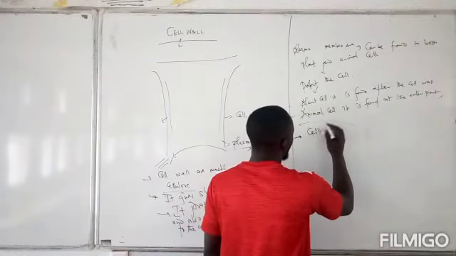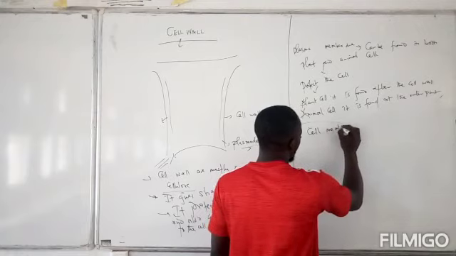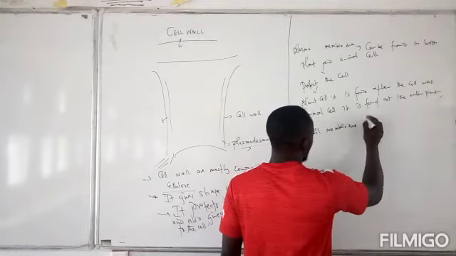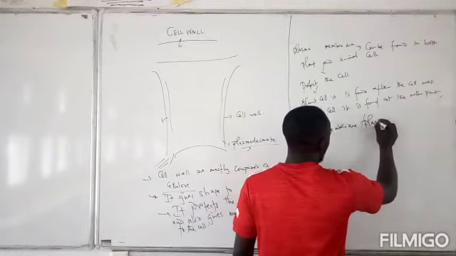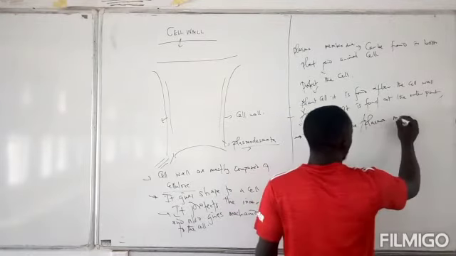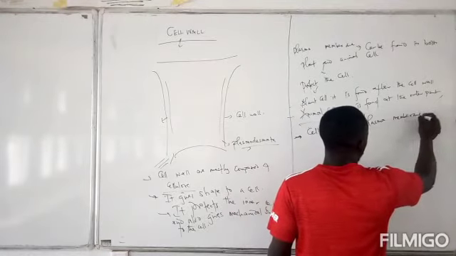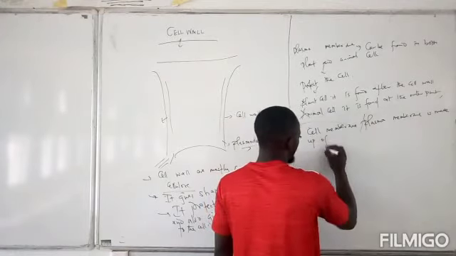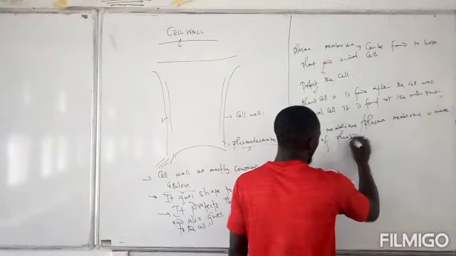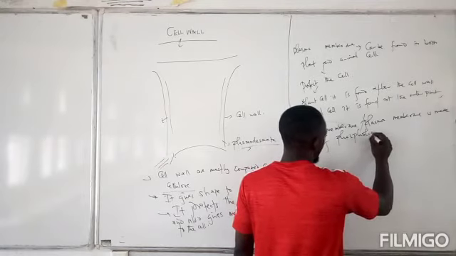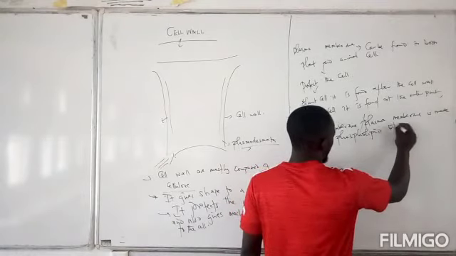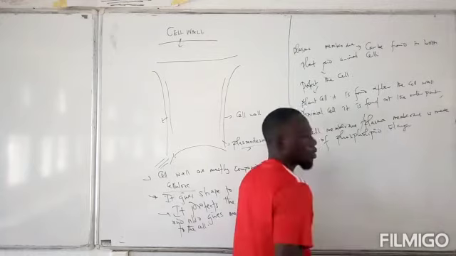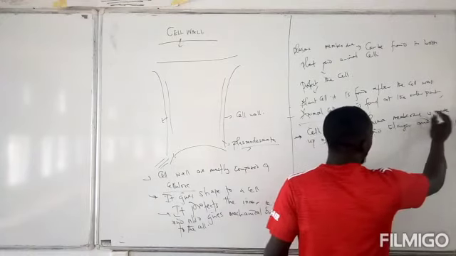The cell membrane, or the plasma membrane, is made up of a phospholipid bilayer, and also composed of protein.